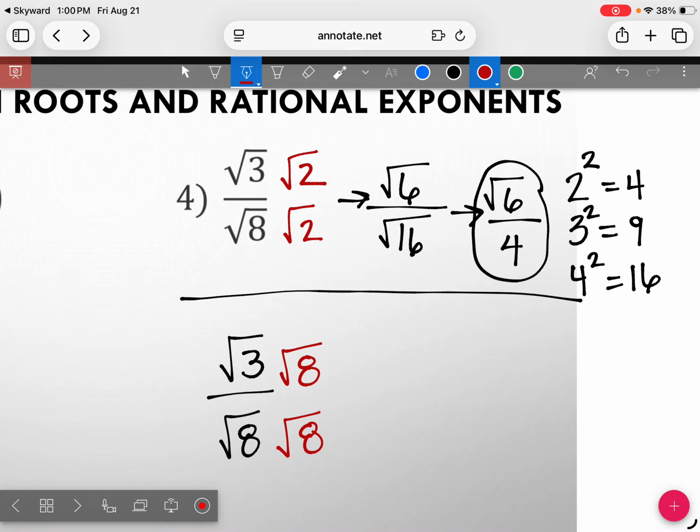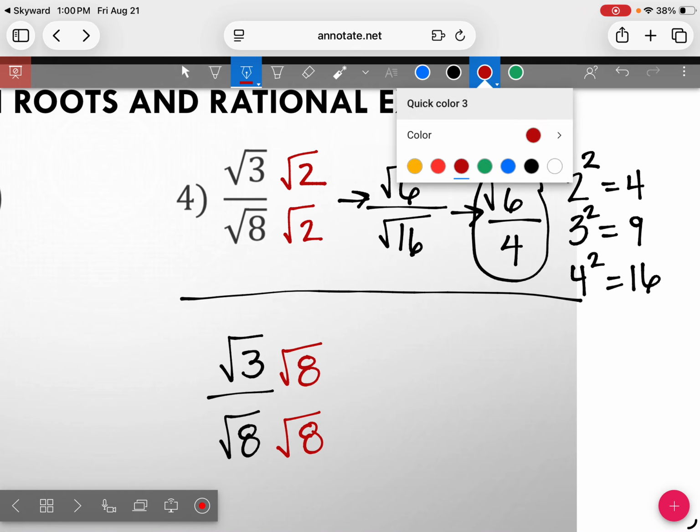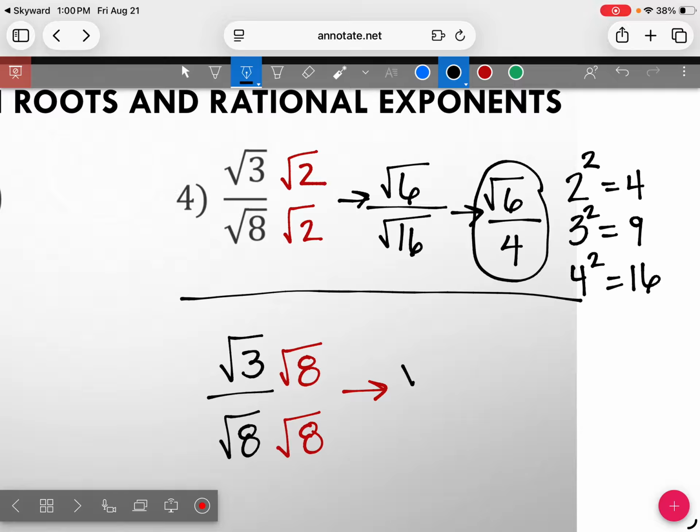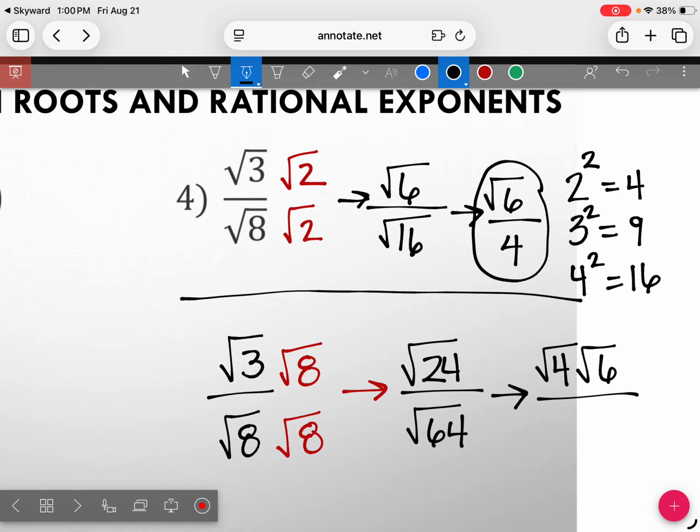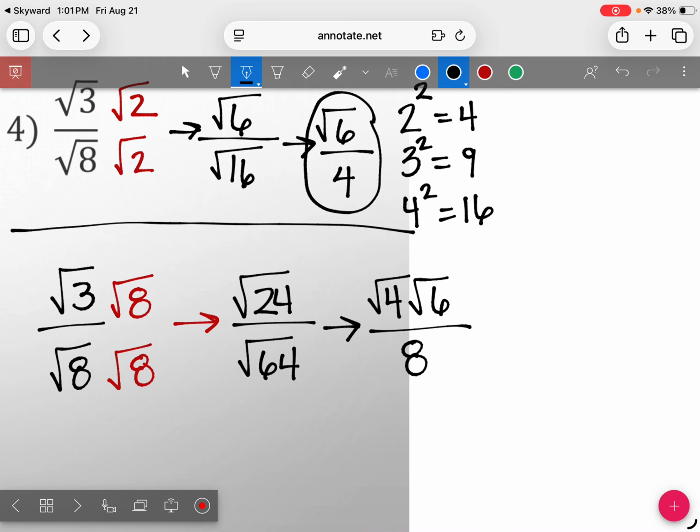And what that's going to do is give you the square root of 24 over the square root of 64. Now 24 can be broken apart to 4 times 6. Square root of 64 is 8. So now we have a 2 root 6 over 8. And then my last step would be to reduce.